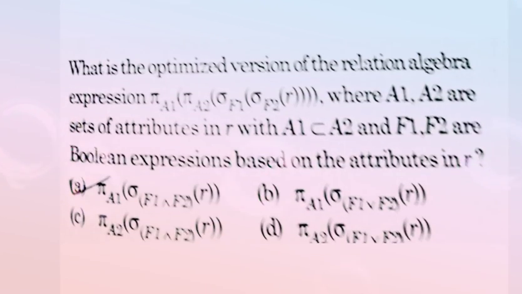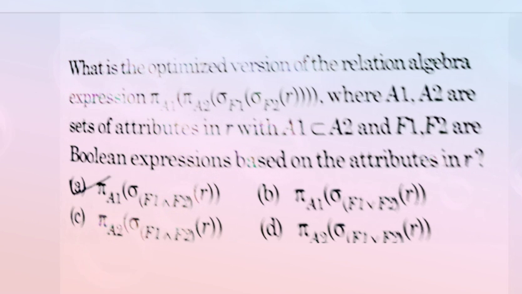Which is the optimized version of the relational algebra expression: project A1, project A2, select F1, select F2 from R, where A1 and A2 are sets of attributes in R, A1 is a proper subset of A2, and F1 and F2 are Boolean expressions based on the attributes in R?